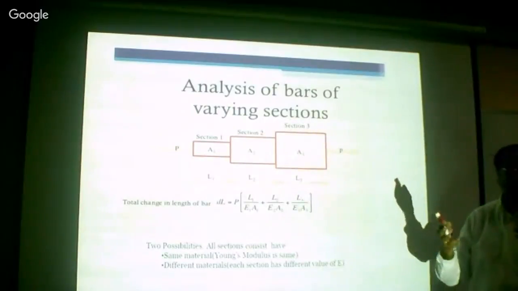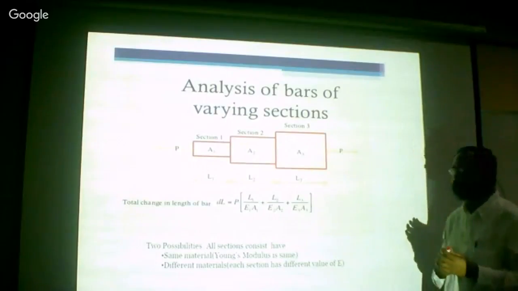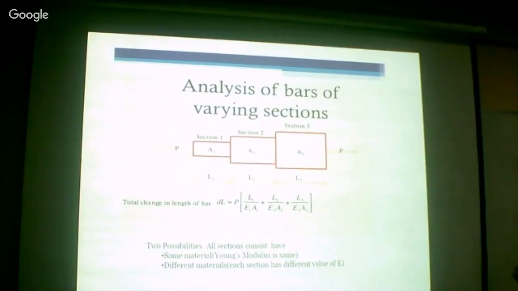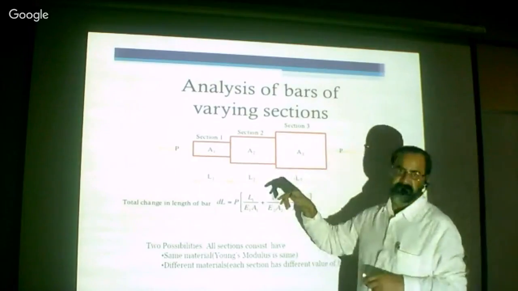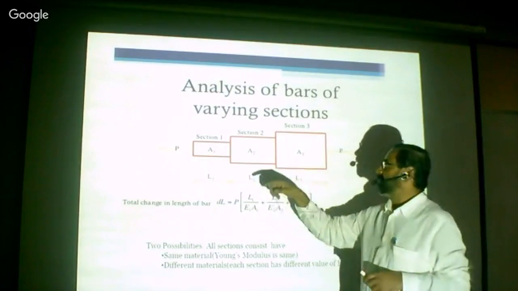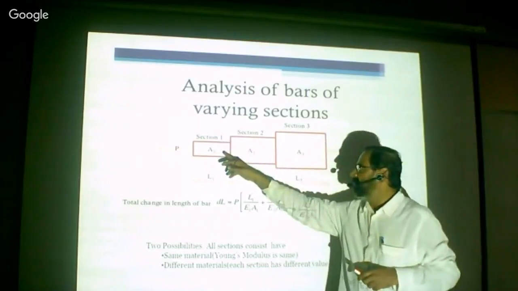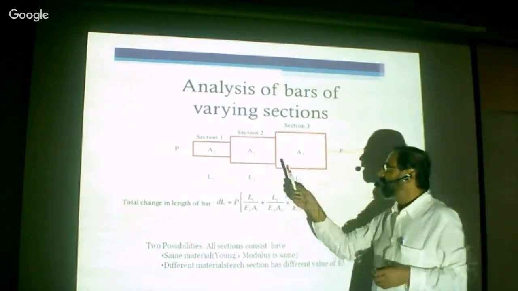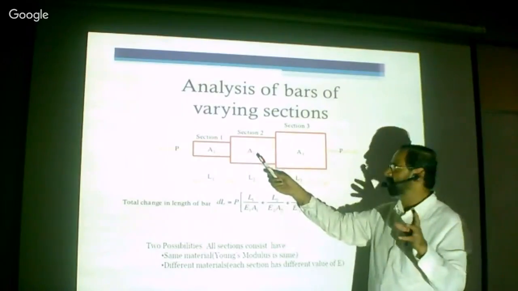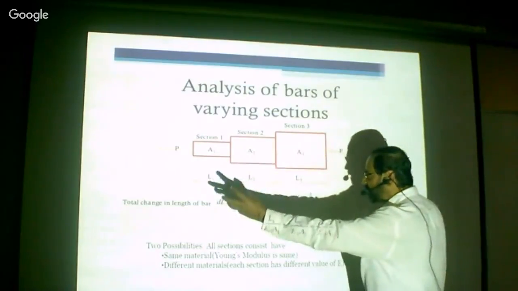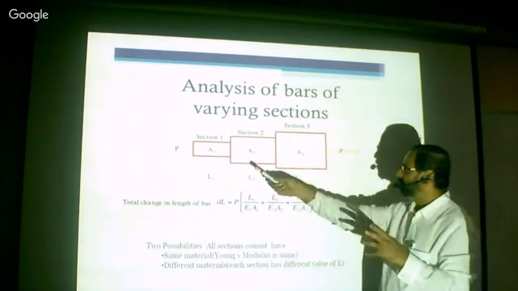The total deformation is delta L, that is the total change in length of the bar of varying cross section.